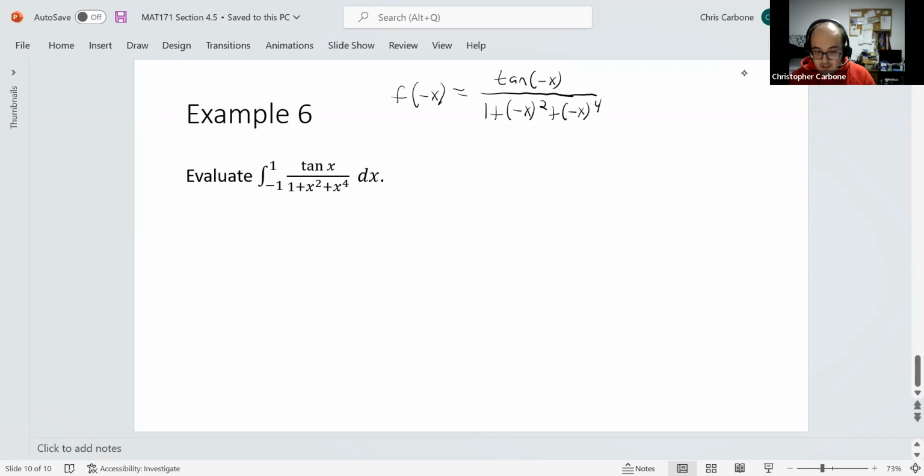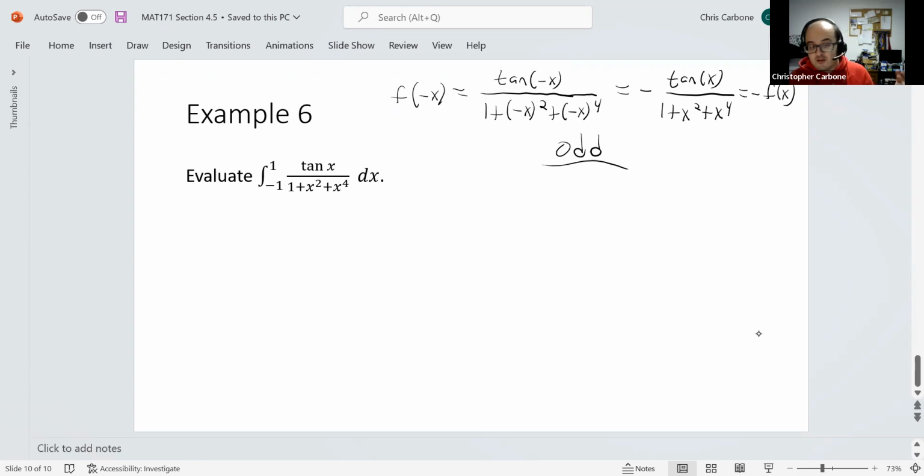And that would give us negative tangent of x divided by 1 plus x squared plus x to the 4th. And so that is the negative of our function. So this is an odd function.